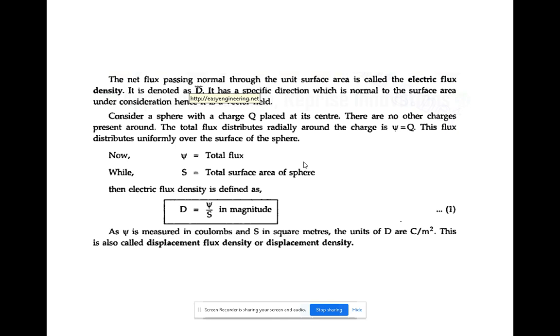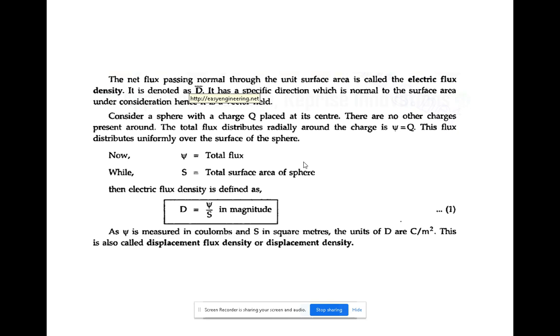In the spherical area, one charge named Q is placed at the center, and it distributes the flux equally. The total flux is represented by psi, and the spherical surface area is S.